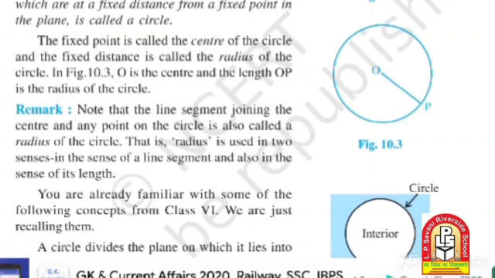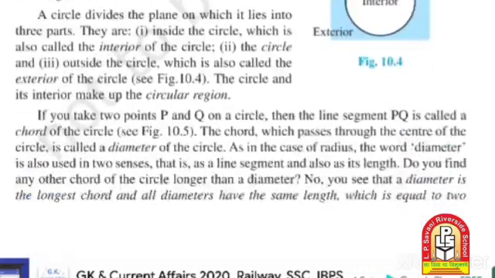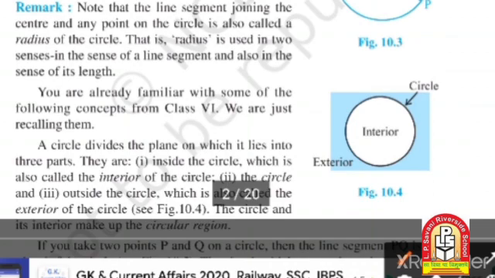Next, there is one circle, then the interior and exterior parts. The parts covered by the circle are: first one is the circle, second one is the exterior, and third one is the interior part.